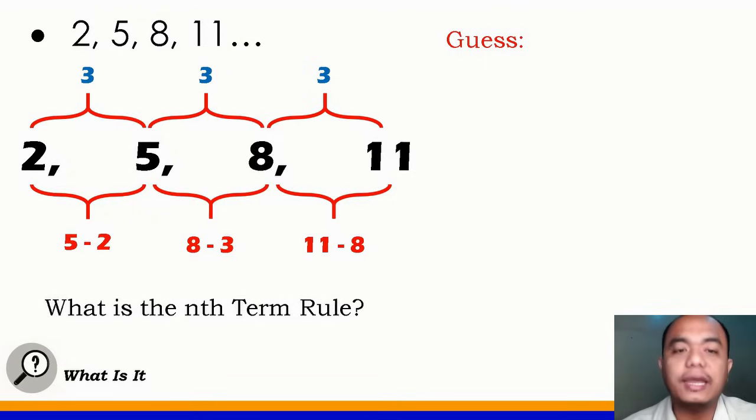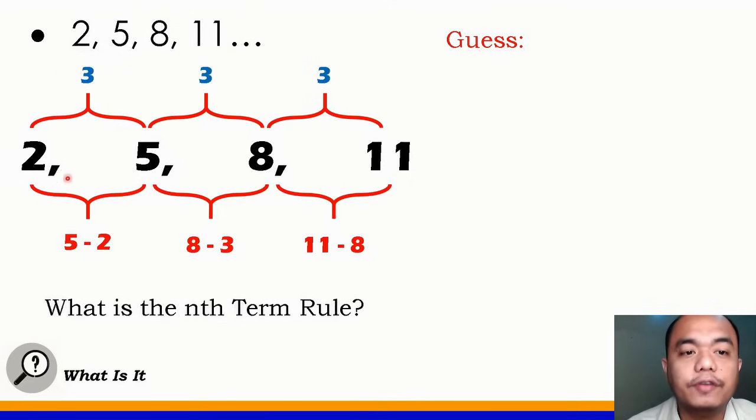Okay, let us try to guess. So let us have our data here. Of course, we have a common difference of 3 here. For sure, in our n-term rule, there is 3. So let's try to connect the common difference to the term number.